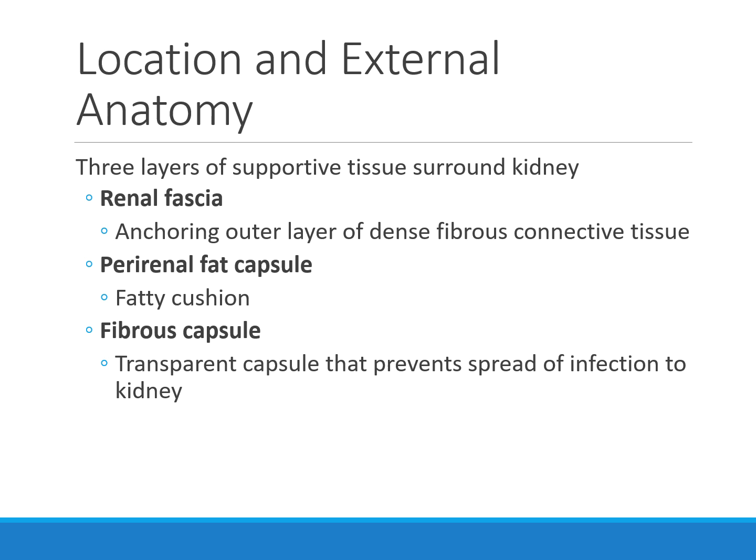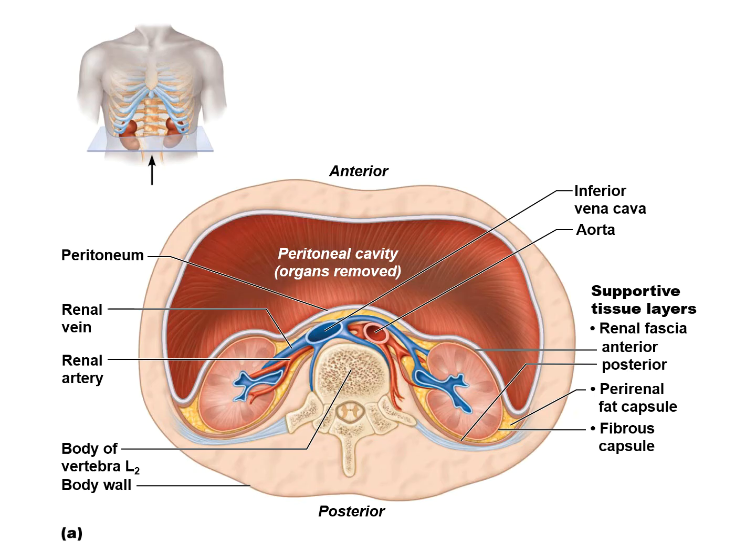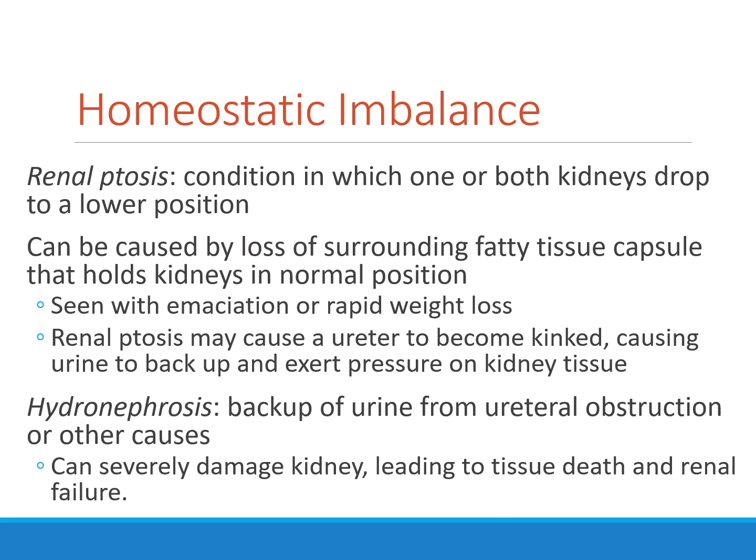And then you have the fibrous capsule, which is on the outside of the kidney. It's transparent. On our models, it's kind of a dark maroony color, and that helps to prevent any spread of infection to the kidney. So looking at this again, the top is the front and the back. You can clearly see in this cross section the spinal cord, and so they're showing you how the kidneys are kind of flanking either side of your spinal column.